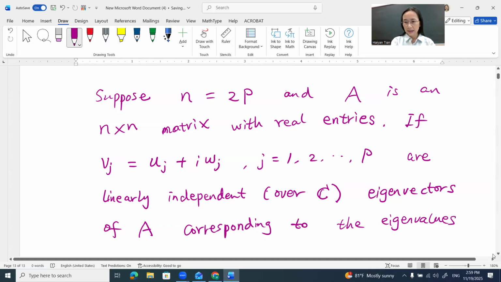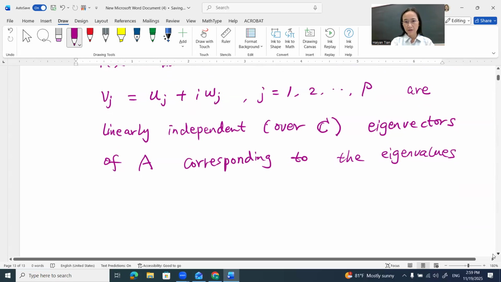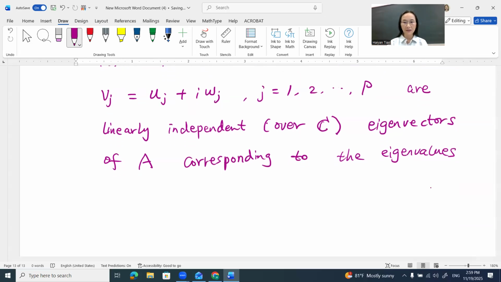We use the notation lambda j because Vj is the eigenvector corresponding to the eigenvalue lambda j. So here lambda j is a complex valued eigenvalue. Here we have the real part denoted by aj and the imaginary part denoted by bj of this complex eigenvalue. So j is from 1 to p.